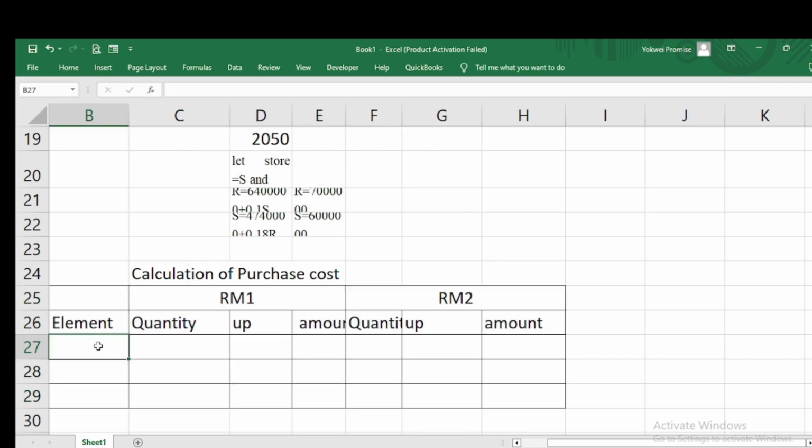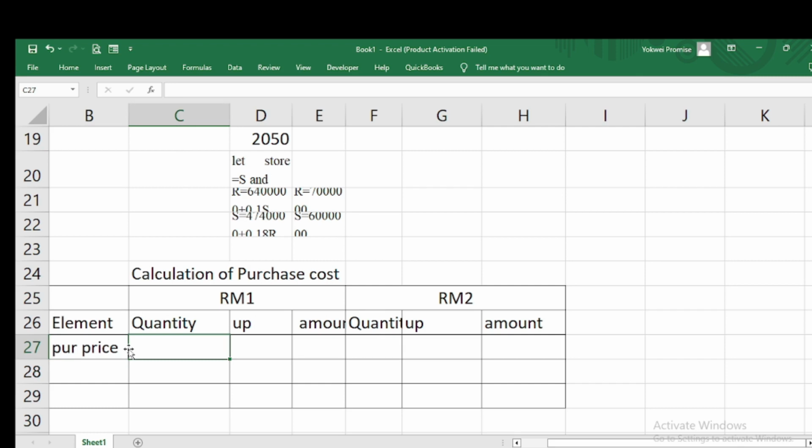Our first element will be the purchase price.